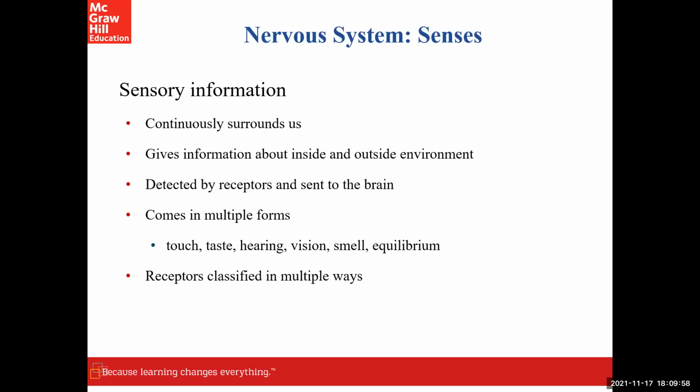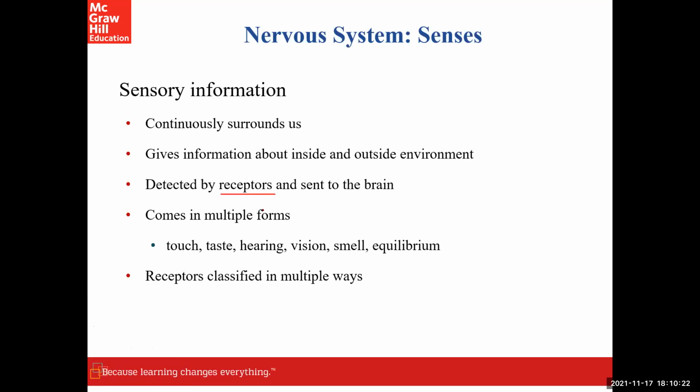So how do we get that information there? We're going to utilize sensory neurons that transmit all of that sensory information collected by our receptors. And we're going to learn tonight all the various receptors that collect that information and provide it to our central nervous system.